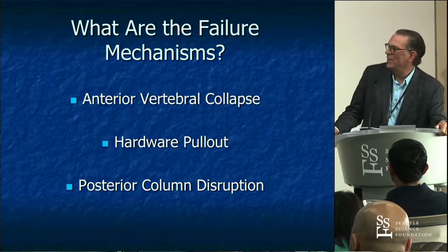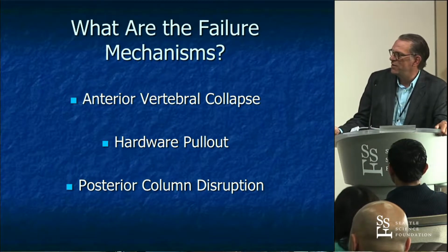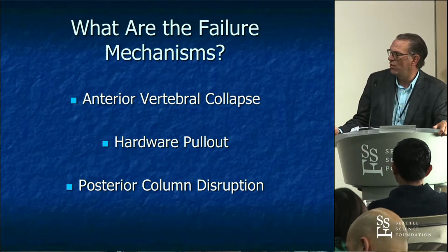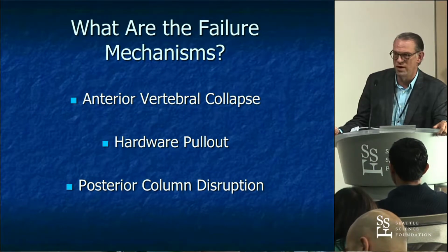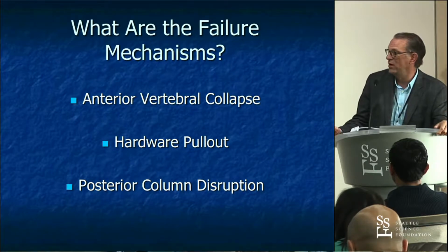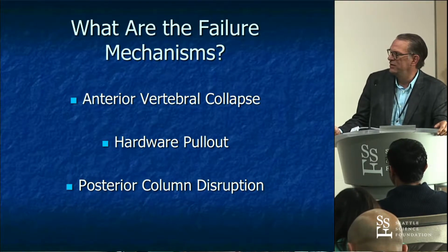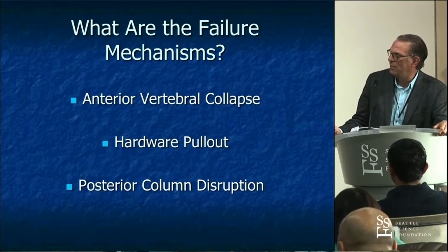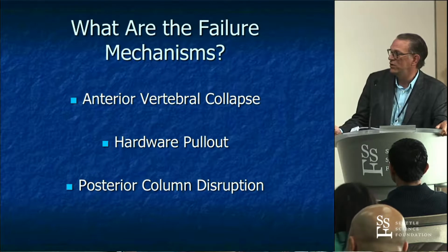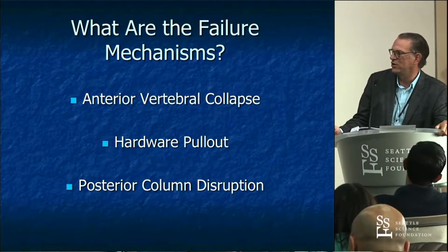So what are the failure mechanisms? One of them is that there's a vertebral body collapse at usually the upper instrumented vertebrae or the upper instrumented vertebrae plus one. I'm going to use the acronyms of UIV or UIV+1. That's what I'm referring to in this talk. Hardware pullout is also often part of that, and that can be a loss of fixation either from screws or from hooks or other means of fixation of the proximal junction.